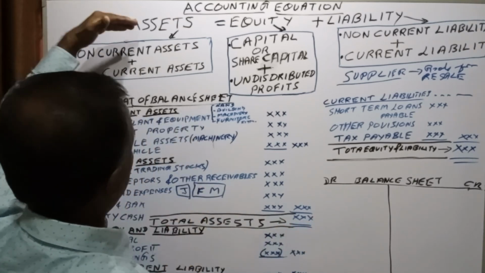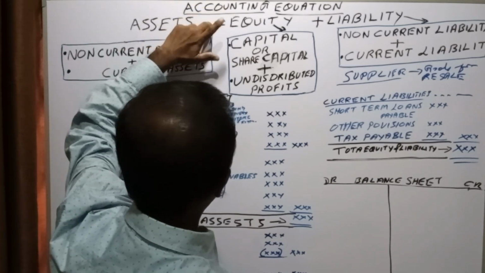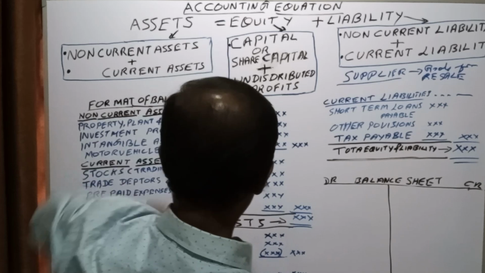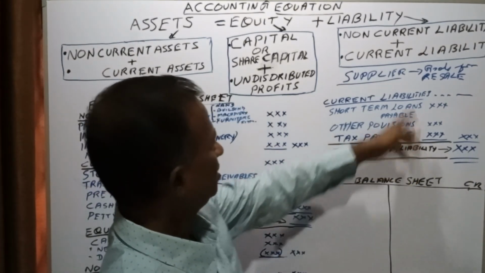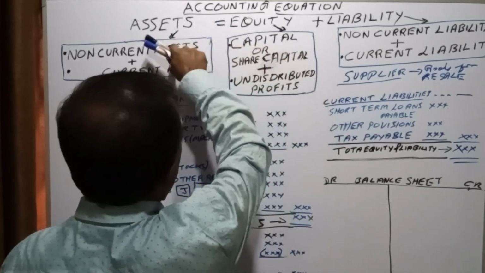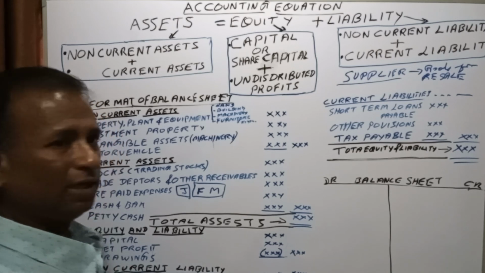That is the equation we have put here: total assets equal to equity plus liability. Understood?